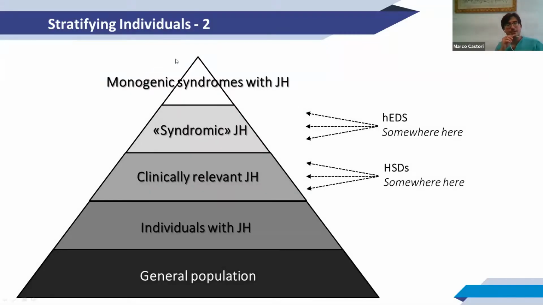It's like changing this pyramid. So hypermobility spectrum disorders are somewhere here among the clinically relevant joint hypermobility, and hypermobile EDS is somewhere here among the syndromic joint hypermobility people.